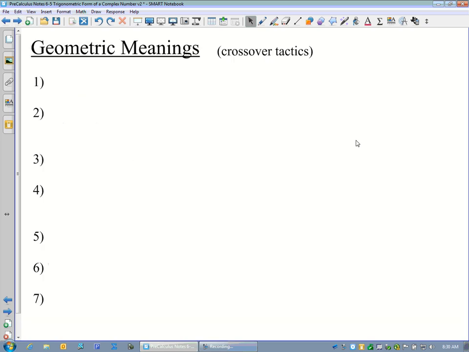And that actually brings us to what we call crossover tactics. These are more advanced ideas. You're not going to necessarily need them in your homework on this section, but these are things to think of for solving problems down the road. The reason the complex plane is so fruitful when solving problems is because they have multiple meanings.